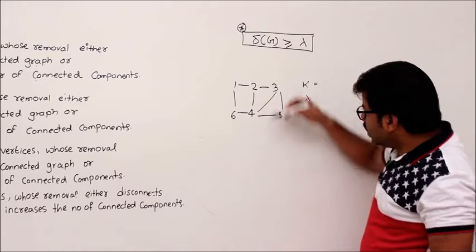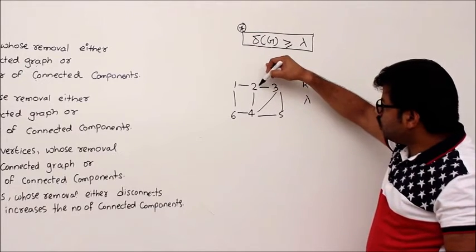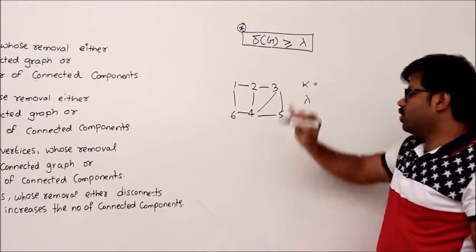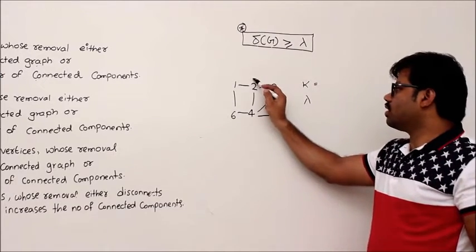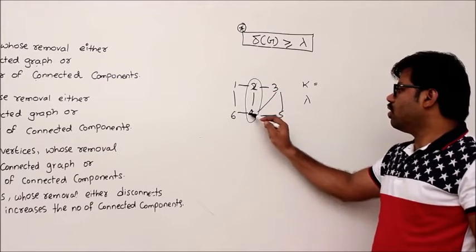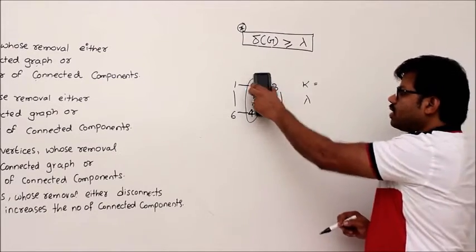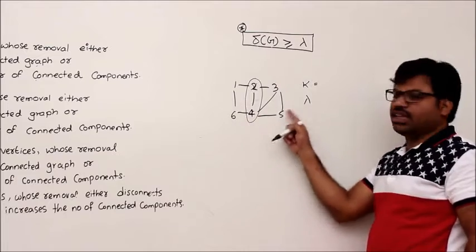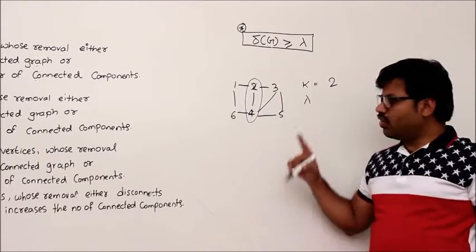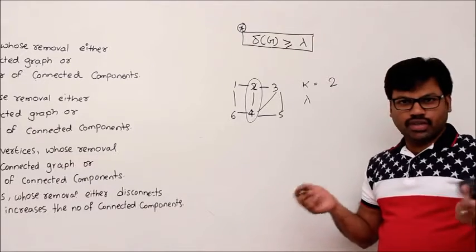So I think if I remove a single vertex, it will not be possible, right? So we need at least two vertices, and two are sufficient. With deletion of 2 comma 4, the graph will be disconnected. 1 and 6 will be separated from 3 5. That's why the minimum number is 2. With 1 I cannot do it, but with 2 I can.